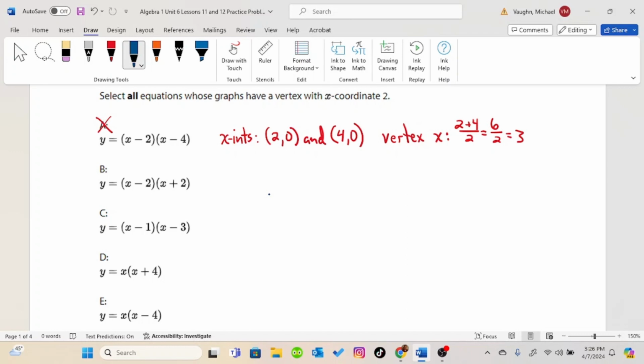On B, the x-intercepts: first we would need 2 because 2 minus 2 equals 0. Then we would need negative 2 because negative 2 plus 2 is 0.